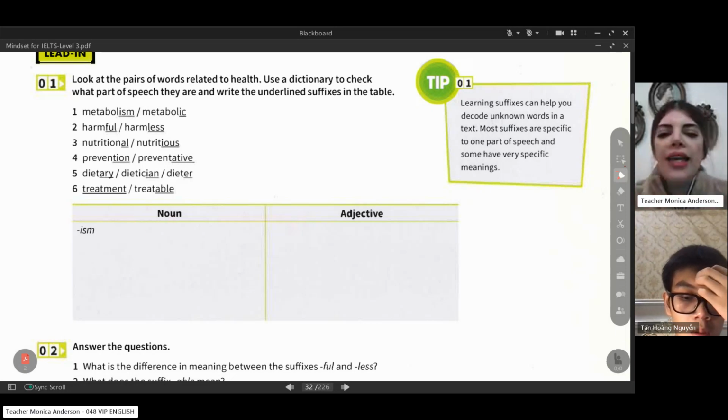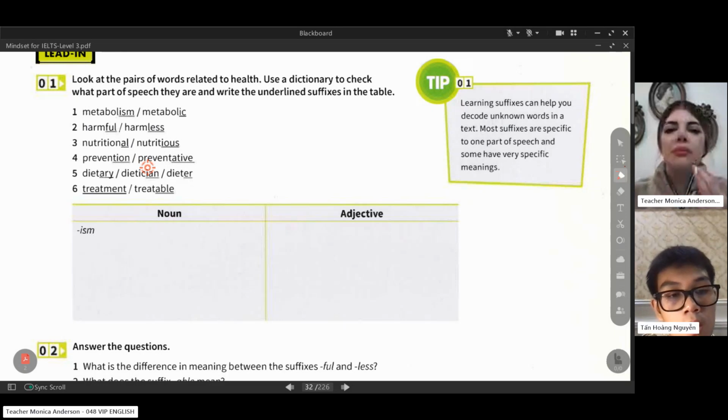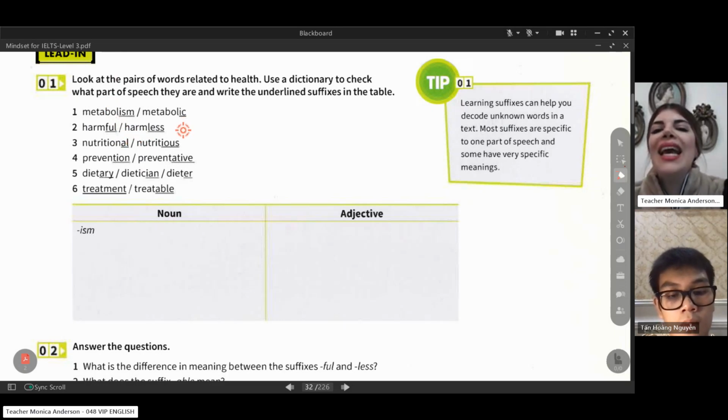The first one, as you can see, ism, is a suffix that is added to the end of words in order to make a noun. So ism is a noun suffix. And ic is an adjective suffix. So metabolic is an adjective.